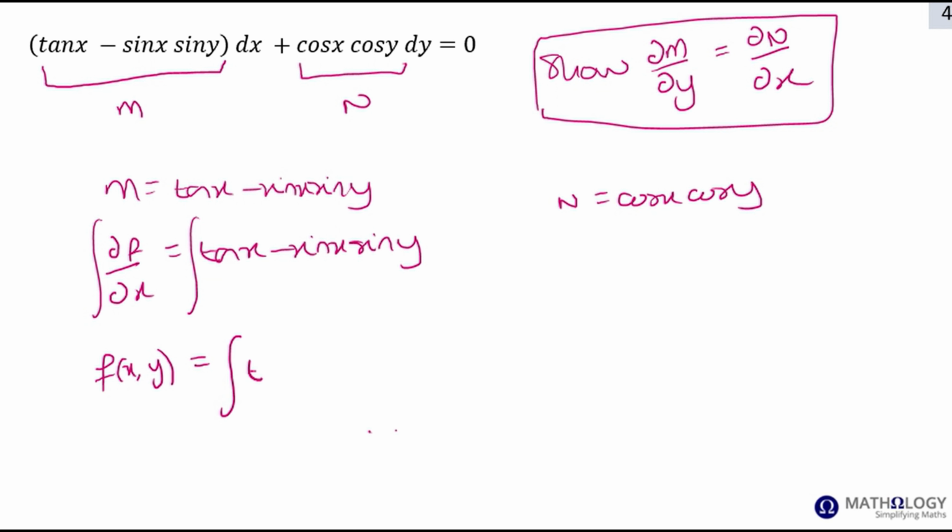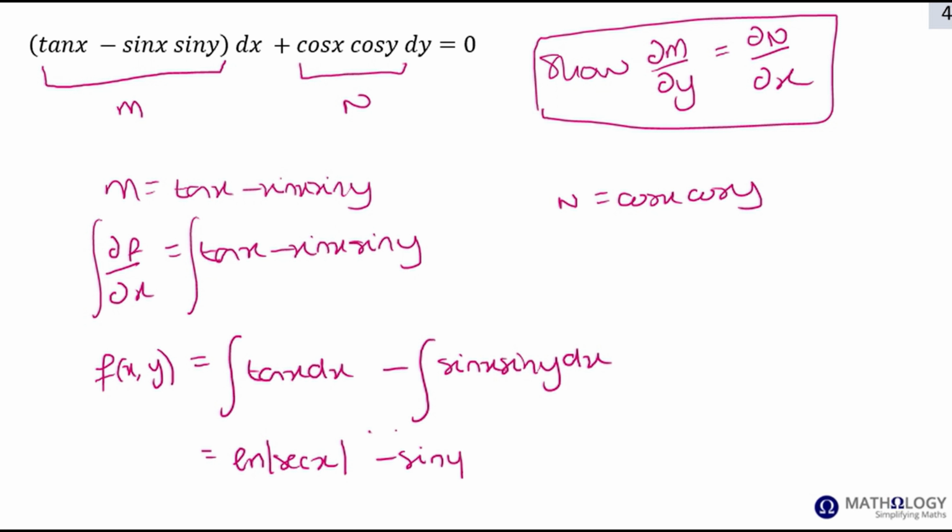So we have the integral of tan x dx minus the integral of sin x sin y dx. The integral of tan x with respect to x is ln sec x. With respect to x, sin y is a constant, so we'll just take that outside the integral sign. And then the integral of sin x with respect to x is minus cos x.